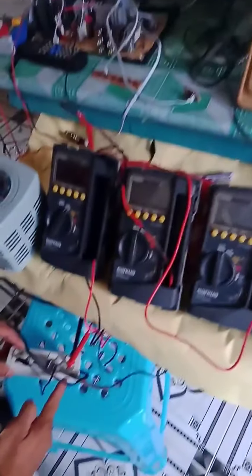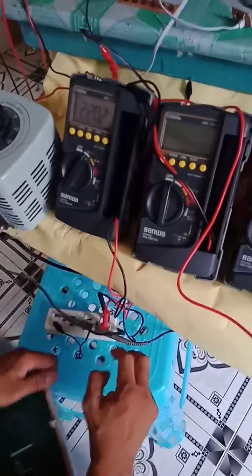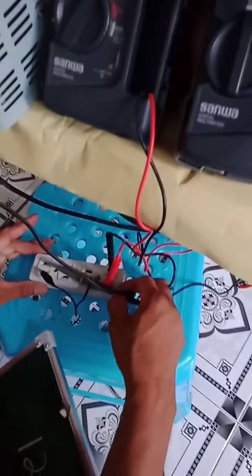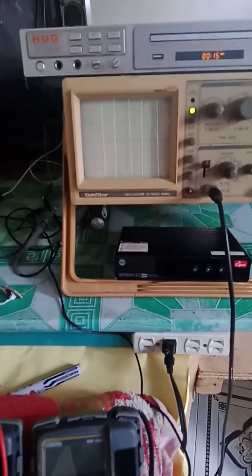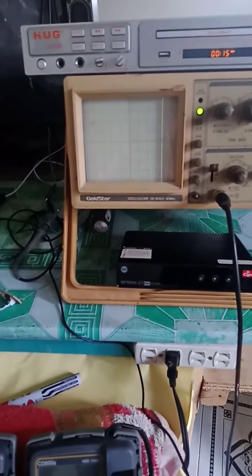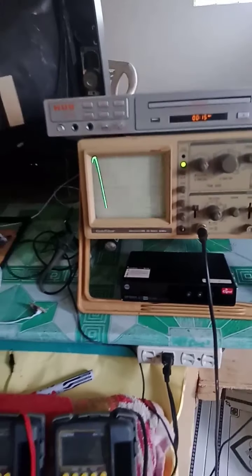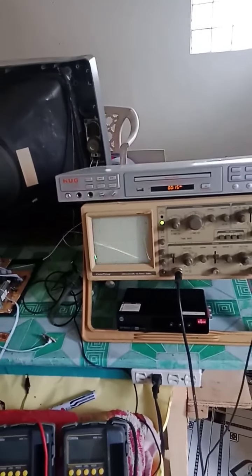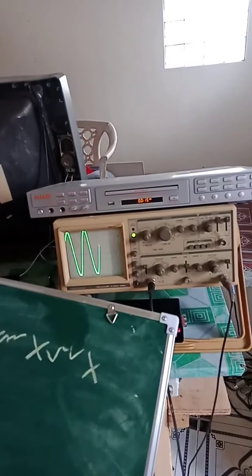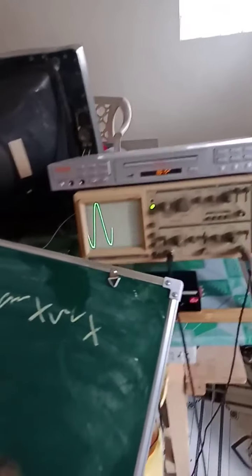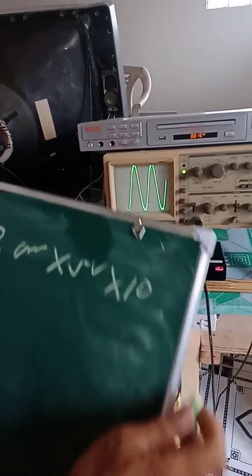We are selecting times 10 because if we set it to times 1, the amplitude is very high and cannot be seen anymore. So we will divide it by 10. It divides the amplitude of the sinusoidal waveform 10 times. So we have to write here times 10.